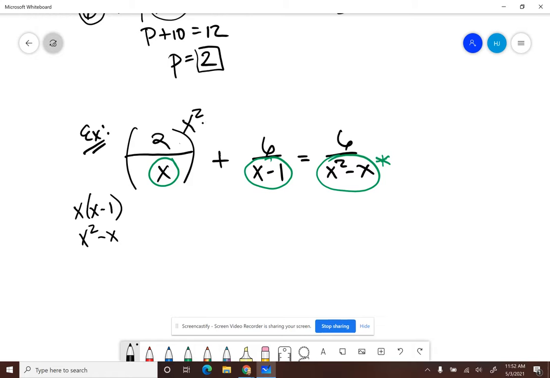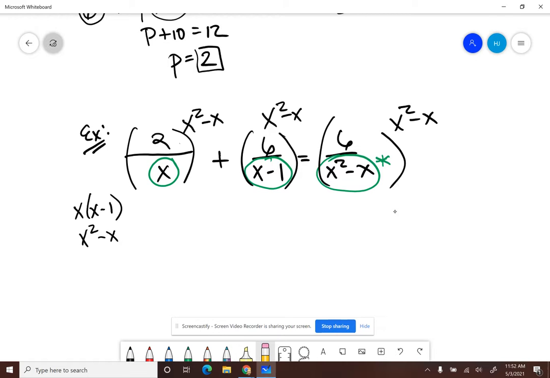So x squared minus x, and x squared minus x, and x squared minus x. That may help us here just to keep in mind that this x squared minus x is actually the same thing as x times x minus 1, right?